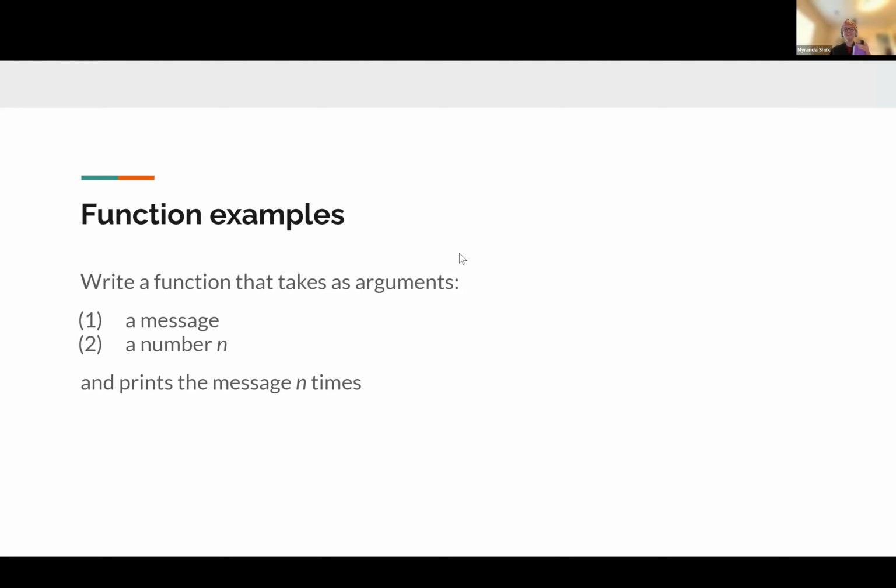That's why we're practicing. So go ahead, come up with how you would write this function, put it in the chat. I'll wait a couple more minutes so that everyone has a chance to practice. So we'll be writing a function that takes these arguments and then prints that message this number of times. And if you're struggling with part of it, you can just send me what you have and we can go over it.